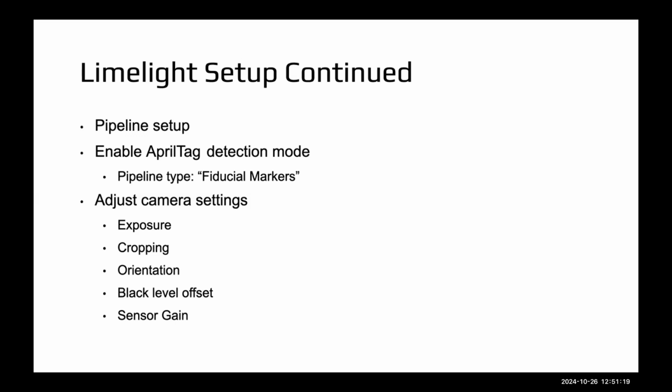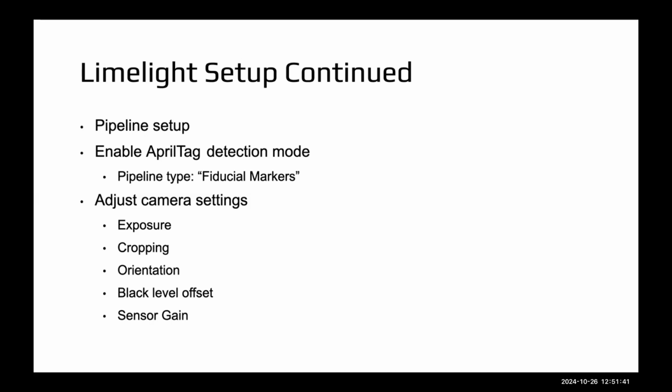Cropping is another method that you can use to slim down or cut off parts of your camera feed that you really don't want to be using. And then for orientation, if you mount your Limelight upside down or sideways for whatever reason, you're able to flip the orientation around.